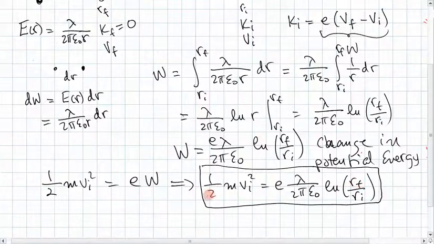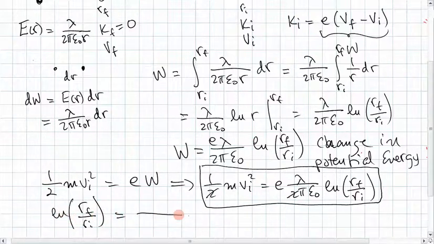So we can start simplifying some things. These two cancel, and I get that ln of Rf over Ri is equal to m vi squared pi epsilon naught up here, divided by e lambda down here.